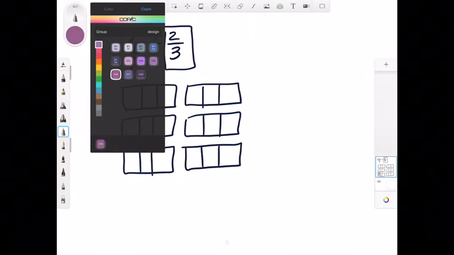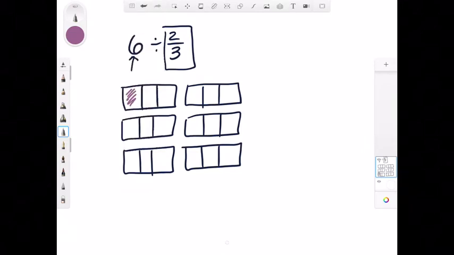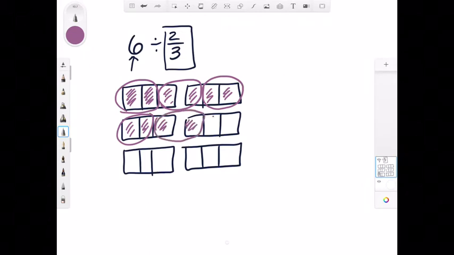Okay, here we have 1 group of 2/3. Here's another 2/3. And another 2/3. And another 2/3. Another 2/3. And another.